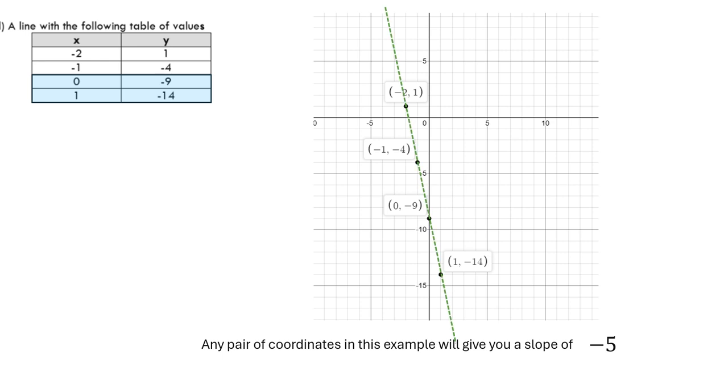And because it's a negative slope, the graph of the line passing through these points will slope down to the right.